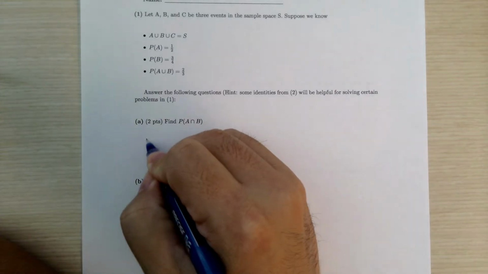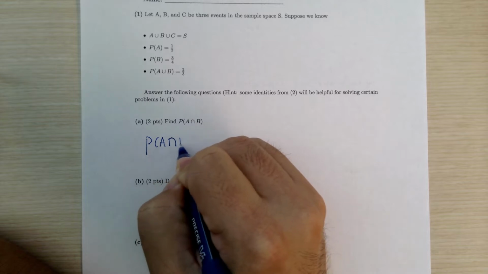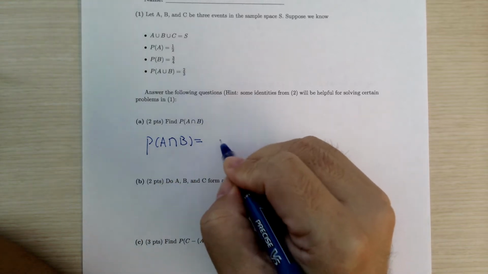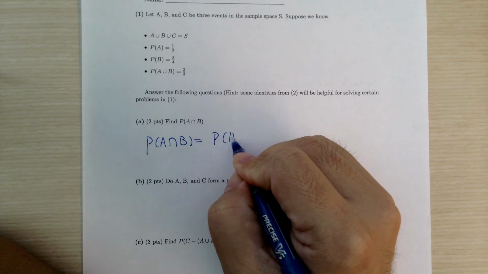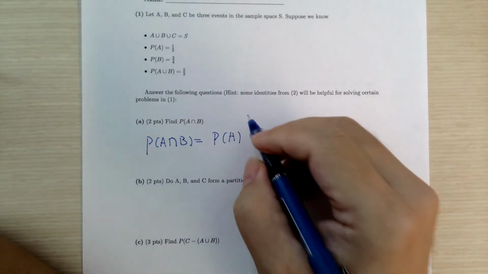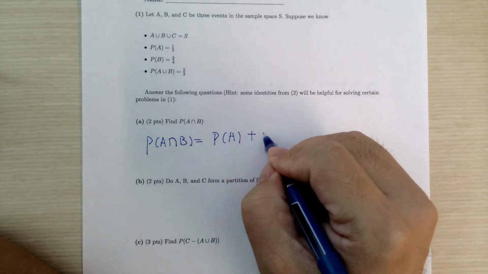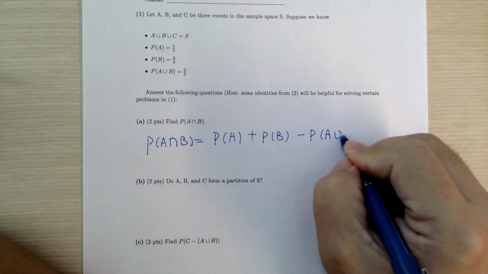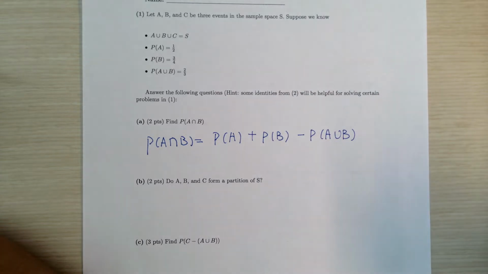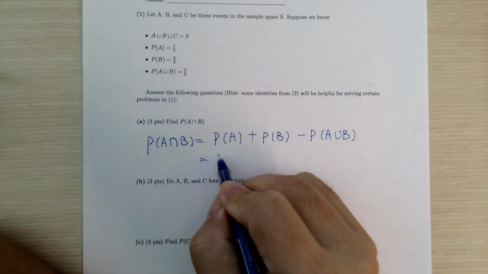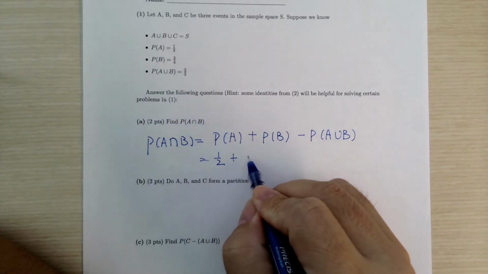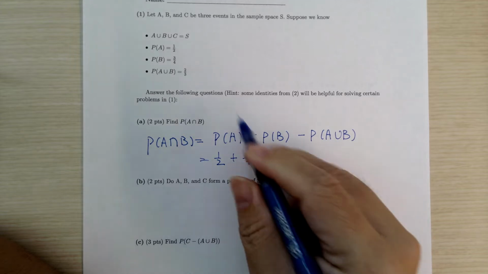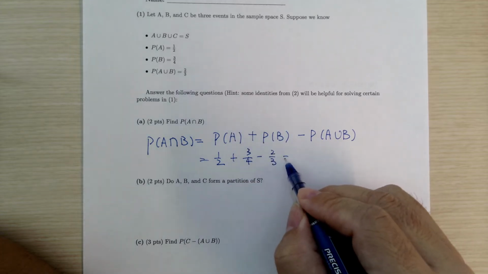So first one, P(A intersect B) equals P(A) plus P(B) minus P(A union B). This is based on the inclusion-exclusion principle. So we know that P(A) is 1/2, P(B) is 3/4, P(A union B) is 2/3.